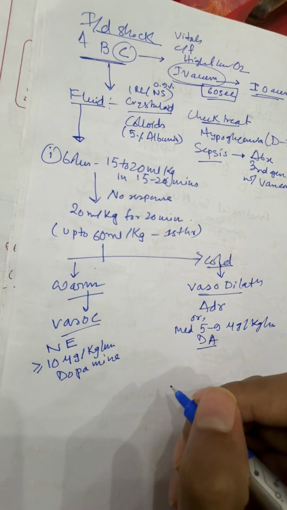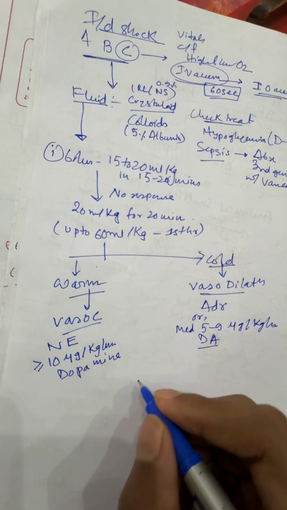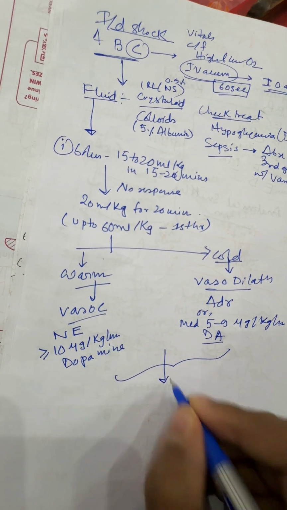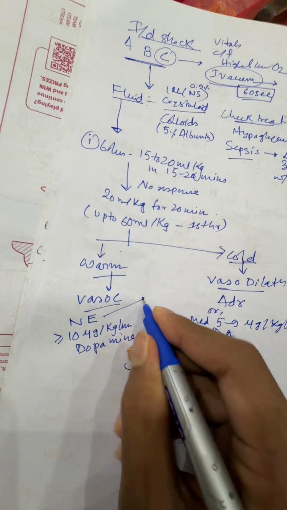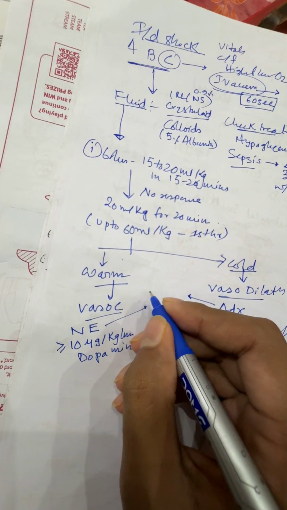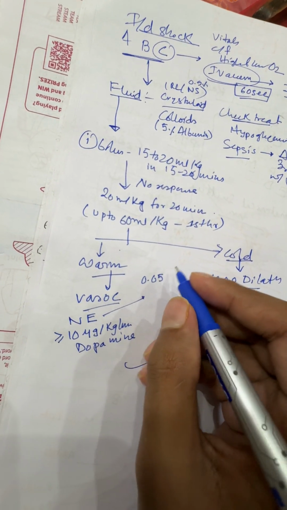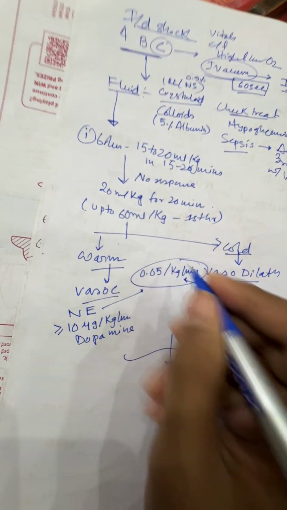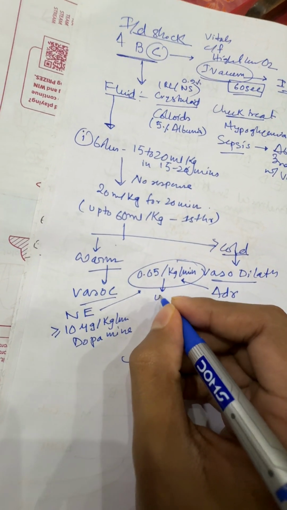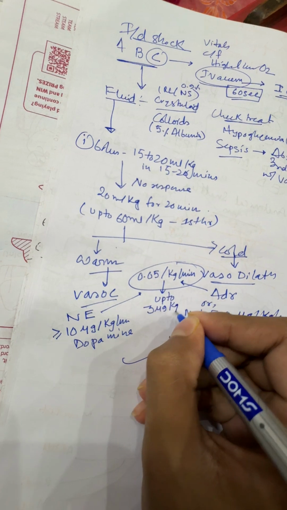So once these are given, if there is still no response, the dosage of noradrenaline and adrenaline can also be titrated, remember, from 0.05 up to 3 microgram per kg per minute.